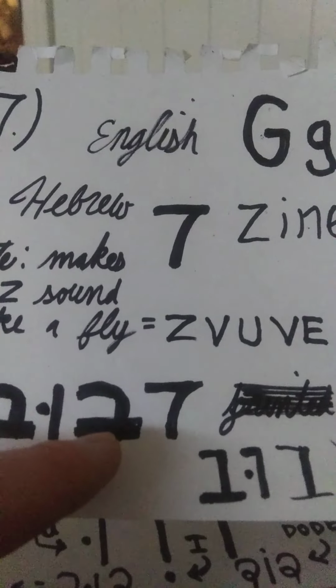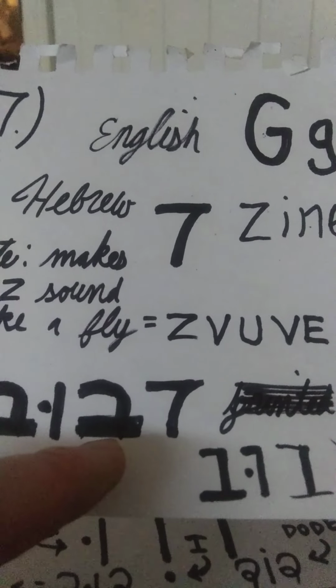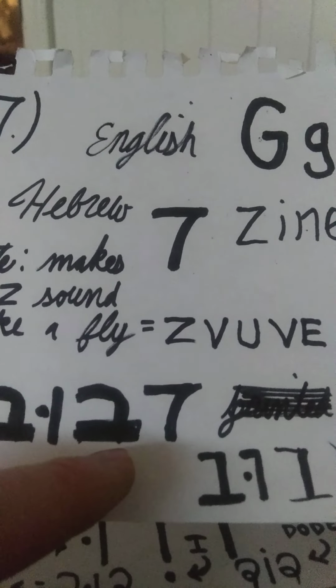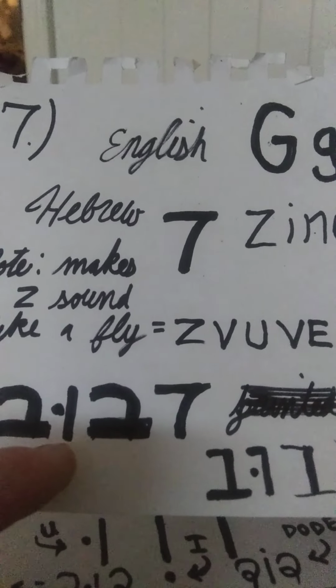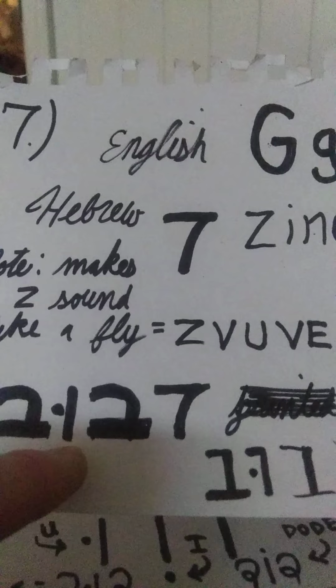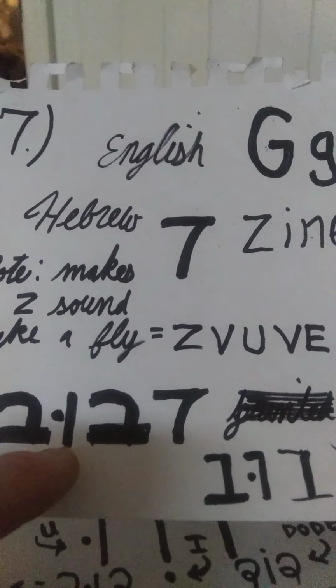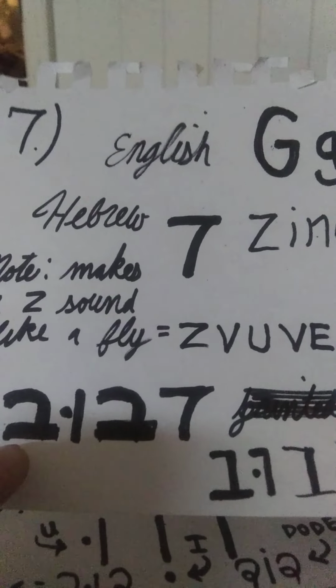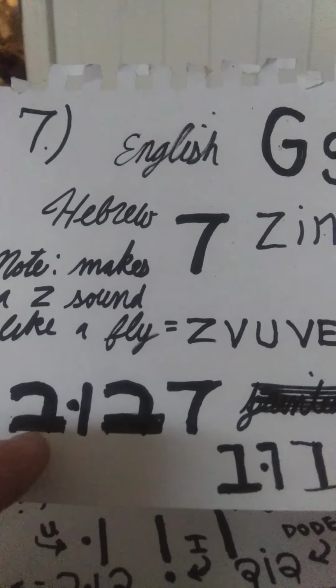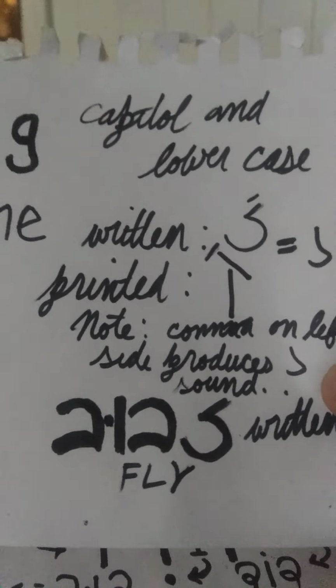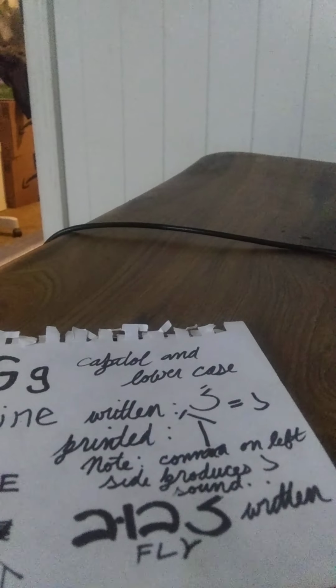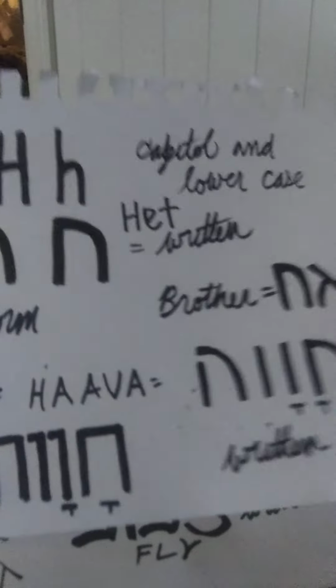And then here's the printed form of the vet, and then the vav, which looks the same, and then another vet. Okay, so that's how you spell fly, zvuv, and that's close to how you pronounce it, I think. But anyway, let's move on.